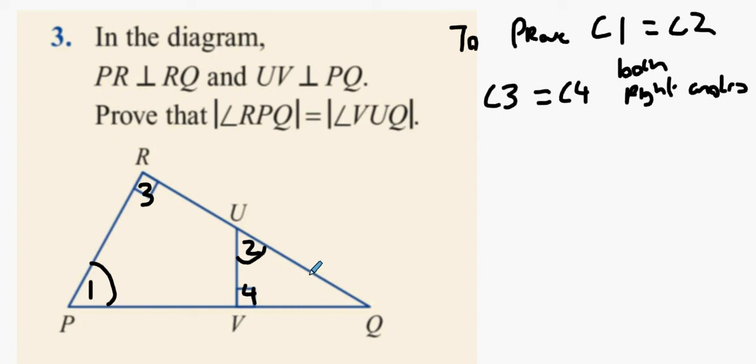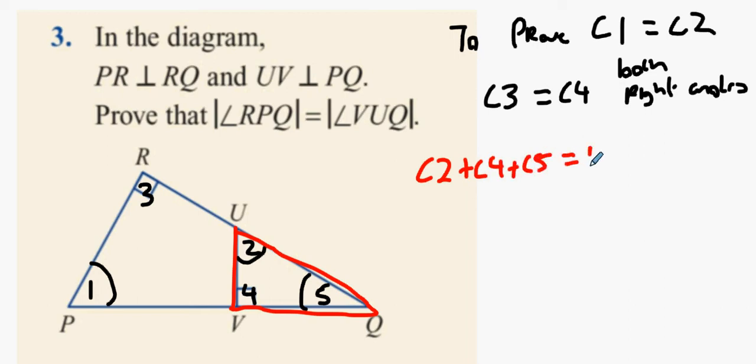We call this angle 5. Now look at the two triangles. So look at the red triangle. Let's start with the red triangle, right? The red triangle will be angle 2 plus angle 4 plus angle 5 equals 180. We say 3 angles in a triangle.